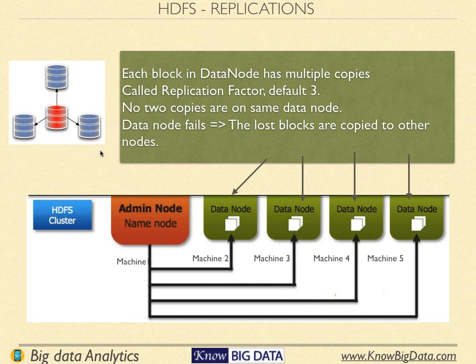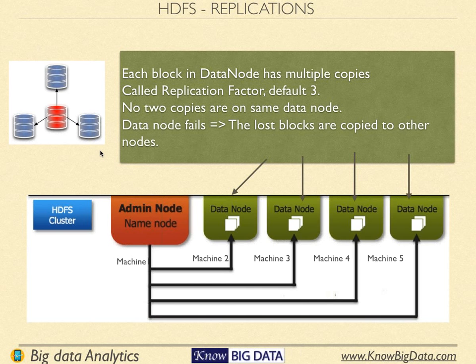Okay, so some of you might say, what's the point of having replication factor as 3? Why not 2? 2 must have been sufficient. So here the risk is a little bigger. Why? Let's imagine that your file is of 1 gigabyte, which means it has got 8 blocks.